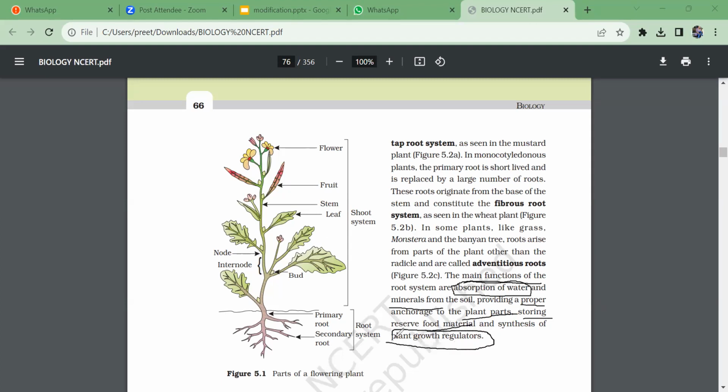What is the meaning of plant growth regulators? Plant growth regulators means hormones.